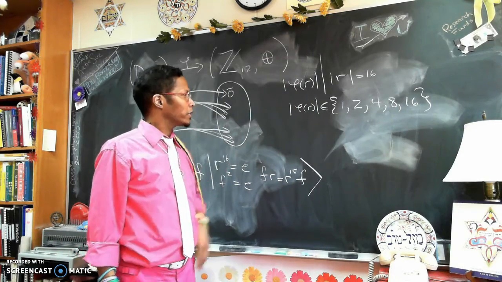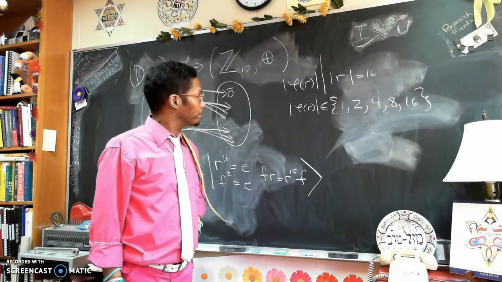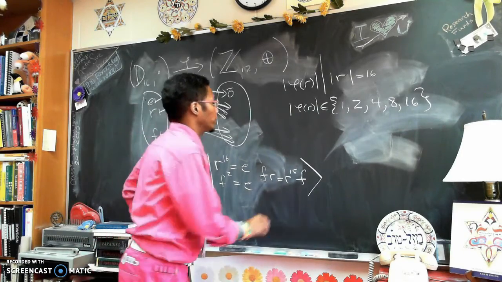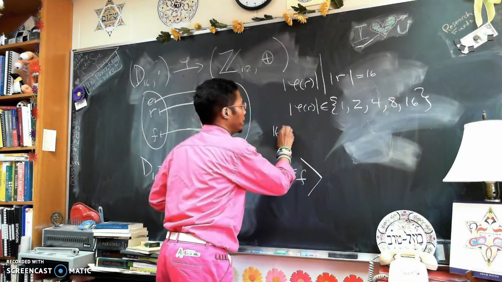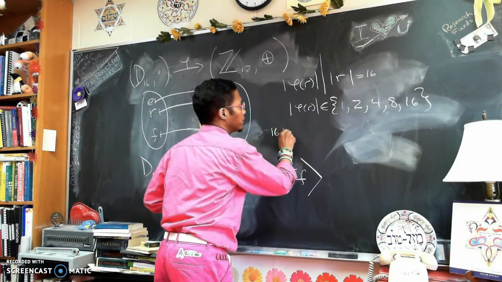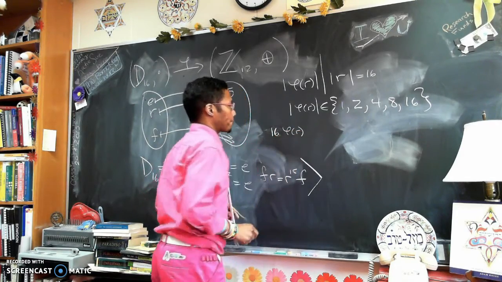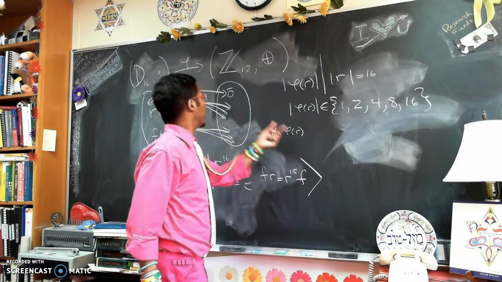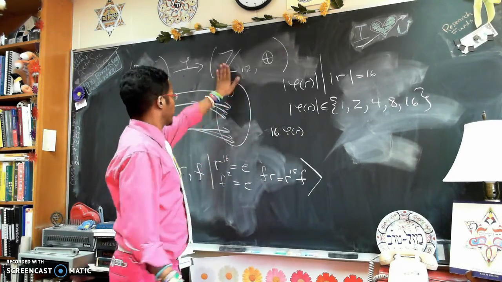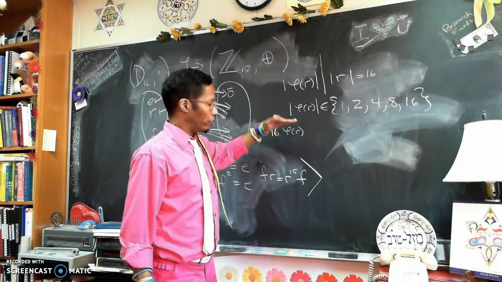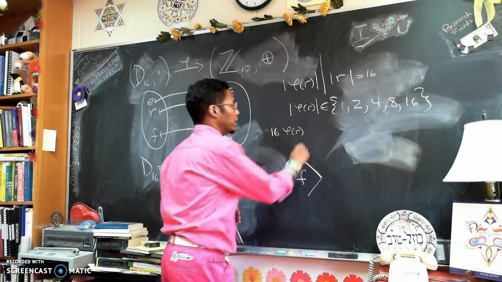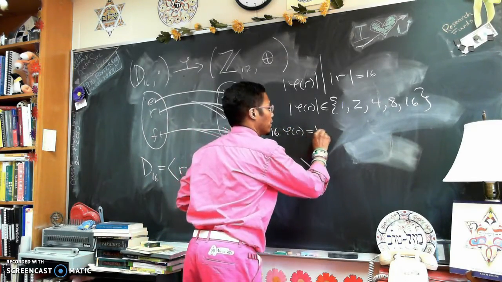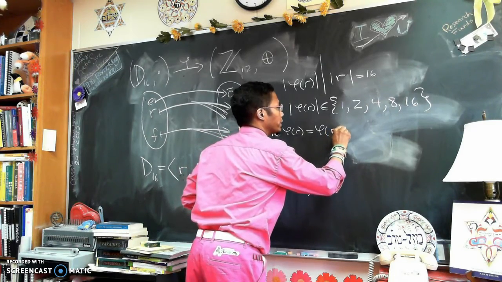So there's a number of ways to think about this. Using the homomorphism properties, 16 times phi of R is like phi of R plus phi of R plus phi of R, 16 times. I say plus because phi of R lives in Z12. So that is the same as phi of R to the 16th.